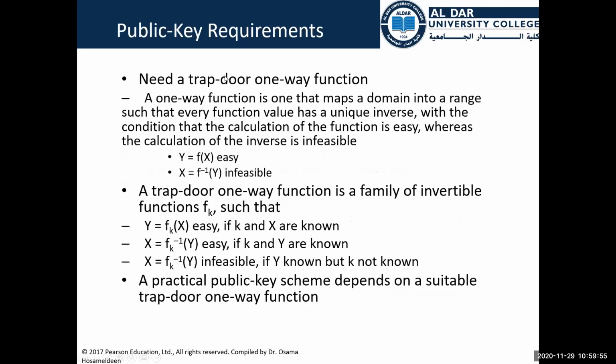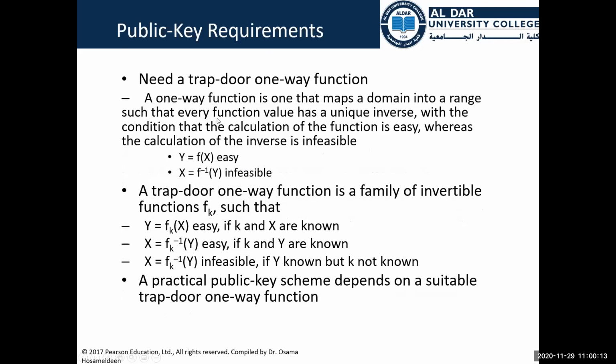And these are the requirements for making or thinking about the public key as a function. If we think about a public key as a function, it should be a trapdoor one-way function.